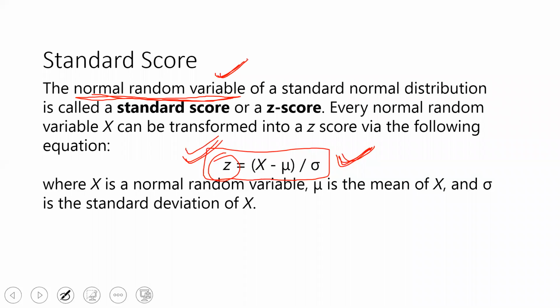So what is my random variable in this equation? X. Yeah, x will be my random variable, no?